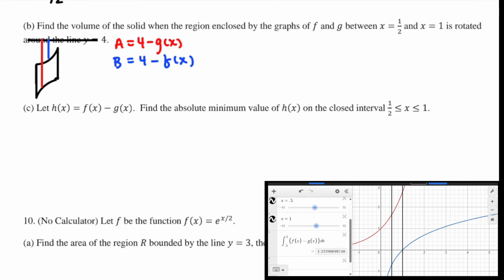So now I'm going to say find the volume of the solid. So pi times the integral of a squared minus b squared with respect to x, as x goes from a half to 1. Calculator, help me with that.